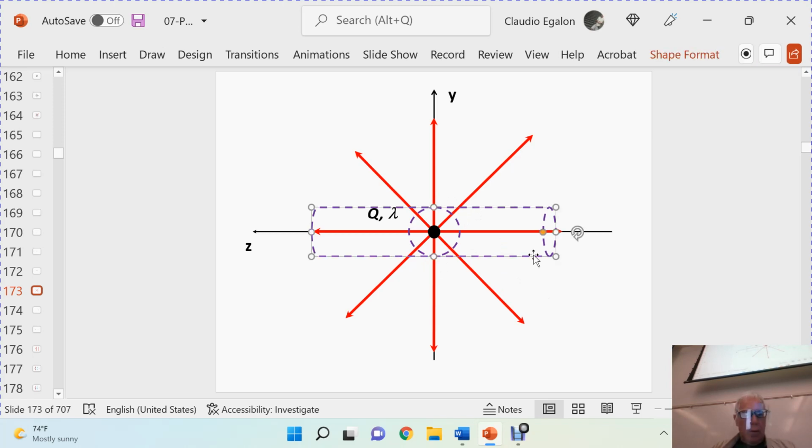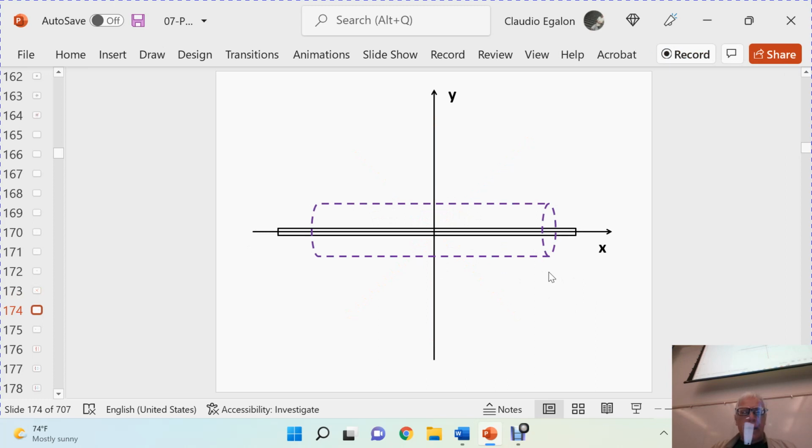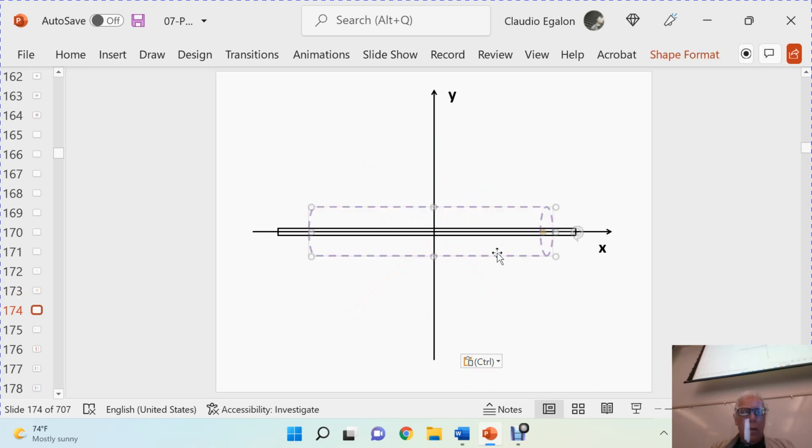Perfect. Now I have to replace the other cylinders. The radius now became a little bit shorter. I'm going to shrink this radius.